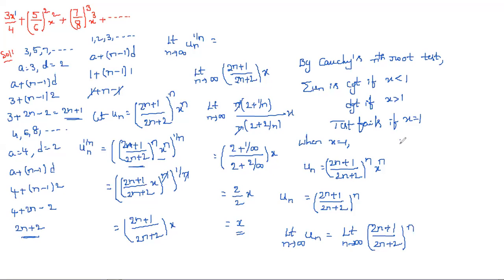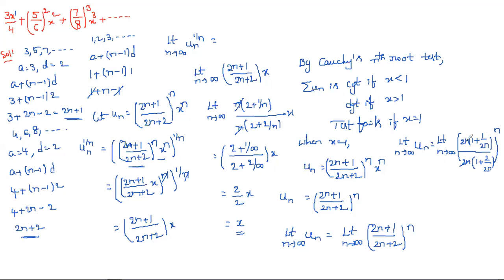So take 2n common: we get (1 plus 1 by 2n) by (1 plus 2 by 2n), whole power n.